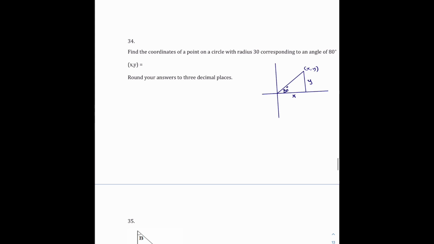And the radius, which is the hypotenuse, is 30. So now we're going to use the trig ratios to figure these out. So sine 80 degrees is equal to opposite over hypotenuse, y over 30.